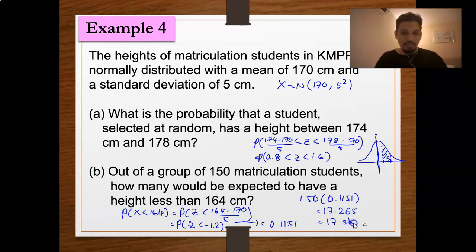So 17 students have a height less than 164. This is the flow of the story, so you count up by yourself. You might write down: out of 150 matriculation students, the number expected to have height less than 164 is 150 multiplied by the value of this, and you get 17.